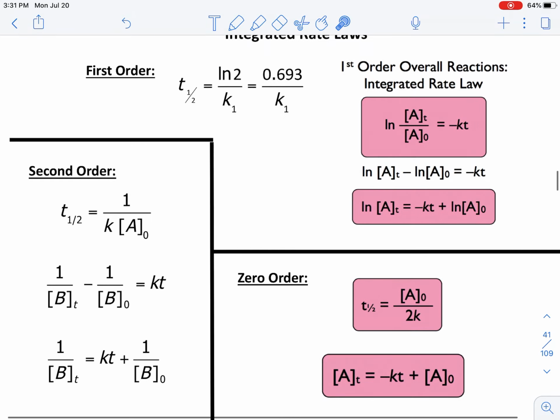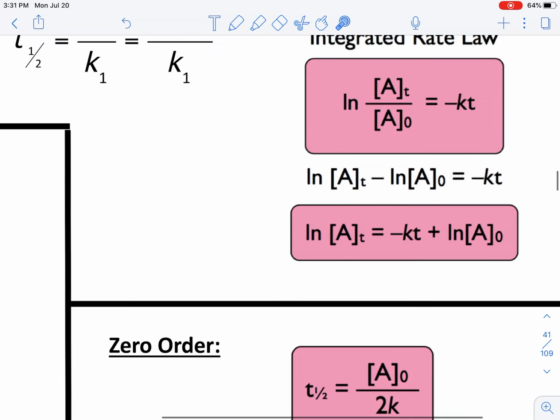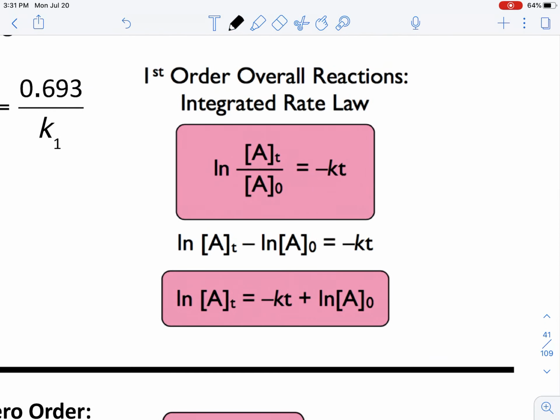I want you guys to notice that when the rate law is integrated, there is now a connection between concentration and time. Before we go through the details of this, let's take a look at some of these variables and figure out what they mean.